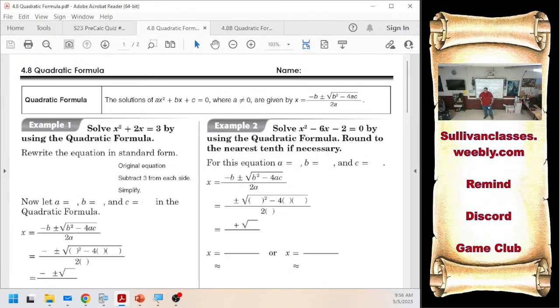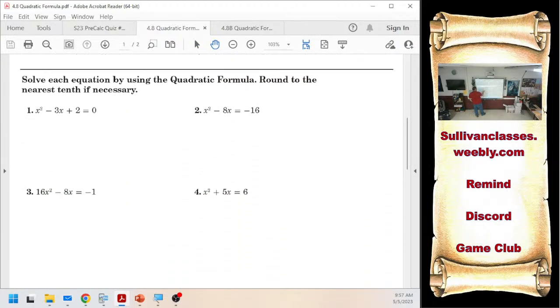As long as you've got a calculator and do some basic order of operations, you now have the nuclear launch codes to every quadratic you'll run across. When kids get up to higher mathematics, to the point that we even have imaginary numbers, this thing still works. In fact, that's how they have to find it. So, we went through the two examples. We did not get down to the here.